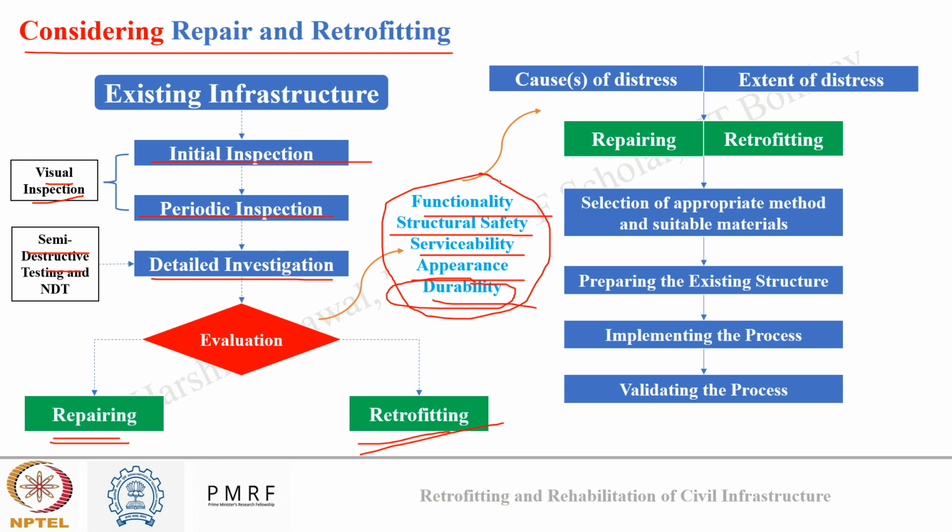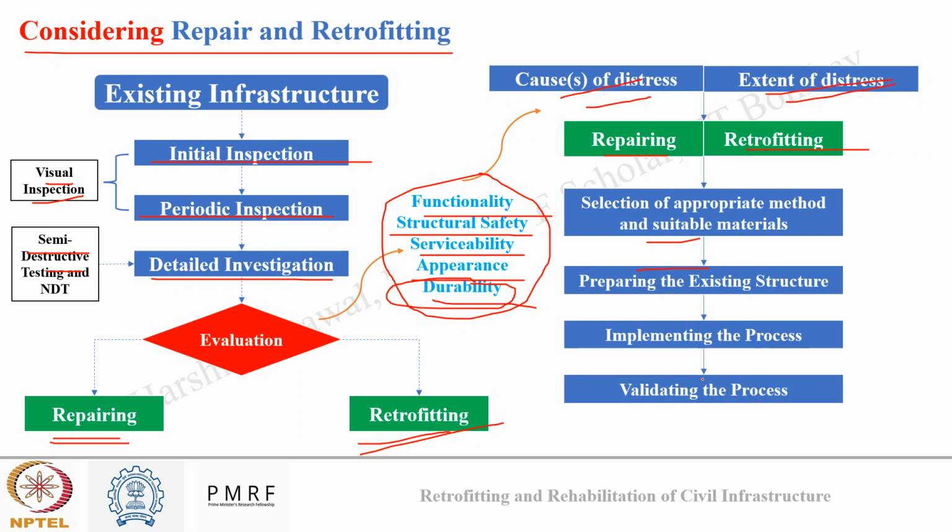Okay, so the choice is based on the cause of distress and extent of distress. When the choice of repairing and retrofitting is done, the next step is selecting the appropriate method and material for conducting repair or retrofitting, preparing the existing structure, and then carrying out the process.